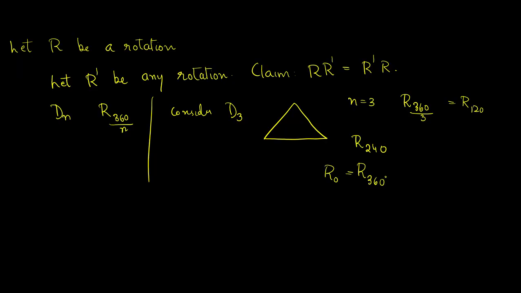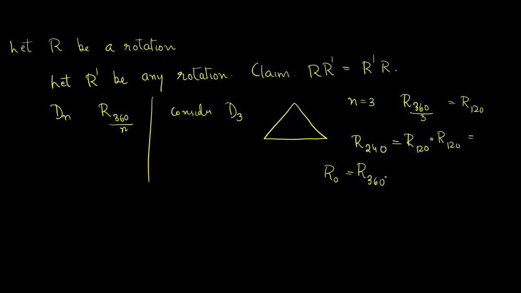So what is this R240? To get R240, it is enough to take R120 and do it twice, right? It is R120 composed with R120. Because first we rotate by 120 and again we rotate by 120, so net we are rotating by 240 degrees.